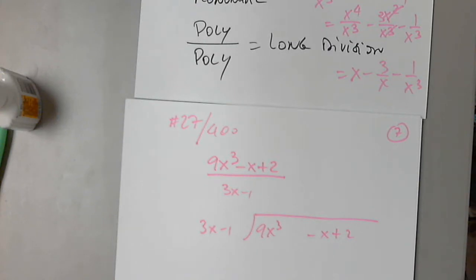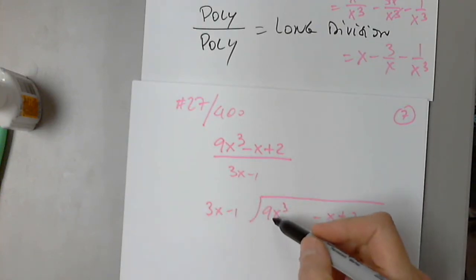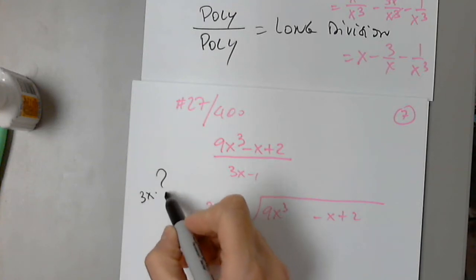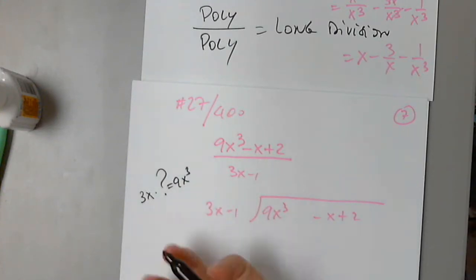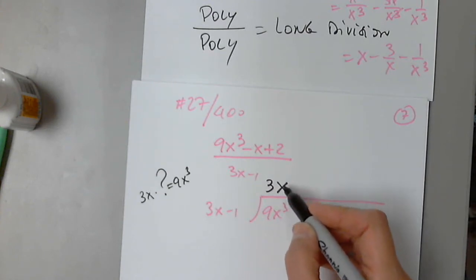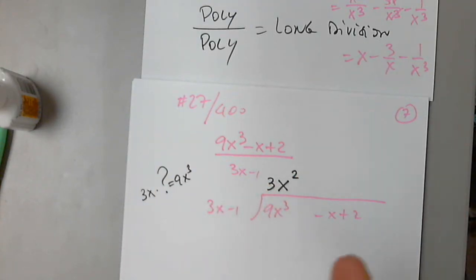So then, here is what I do next. I ask myself, 3x times what is 9x cubed? And the answer is 3x squared. Excellent. I now have to distribute 3x squared to these 2 terms, change the sign, and write below like terms.